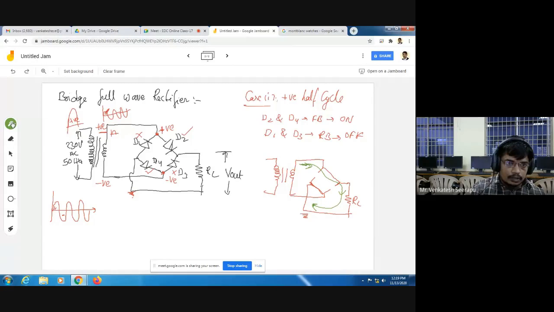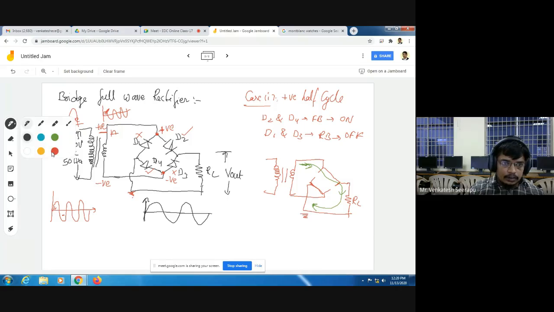Let us consider my input waveform, which consists of both positive and negative half cycles. Let us consider this is my output waveform.